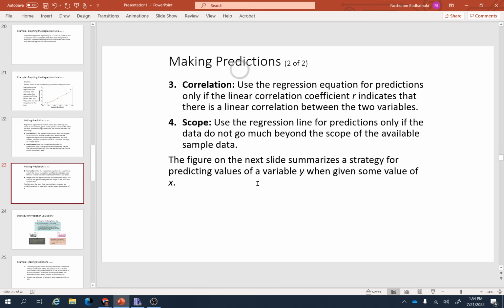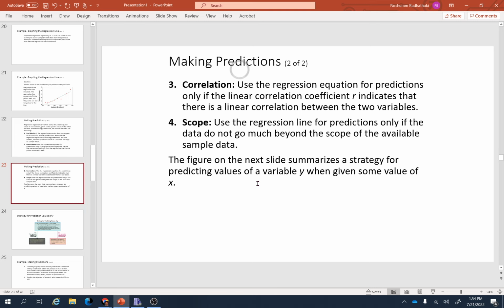So based on the value of r, if there is a linear correlation, and it's coming from section 10.1, you have to go back to section 10.1 and see for what value of r and what critical value there is a correlation. Scope. Use the regression line for prediction only if the data do not go much beyond the scope of the available sample data.